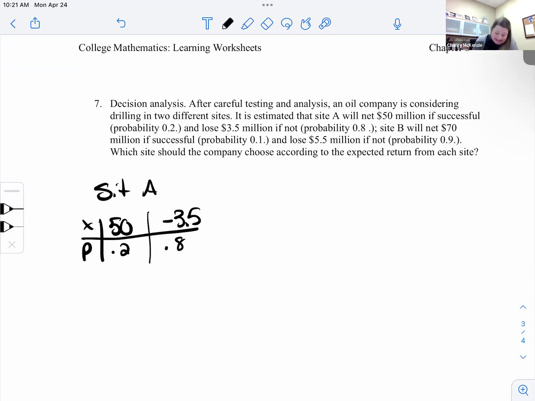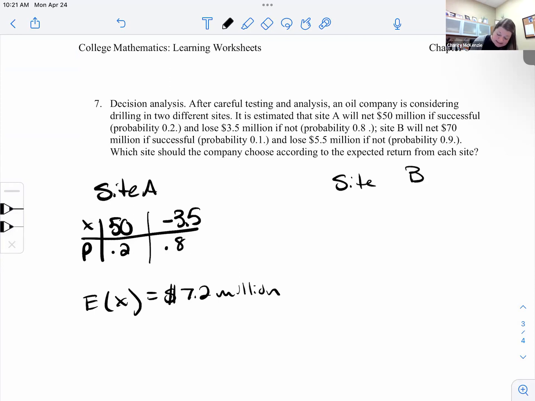So multiply these together: 50 times 0.2 plus negative 3.5 times 0.8. Hold on, I got not the right answer. $7.2 million. So we are estimated to make about 7.2.